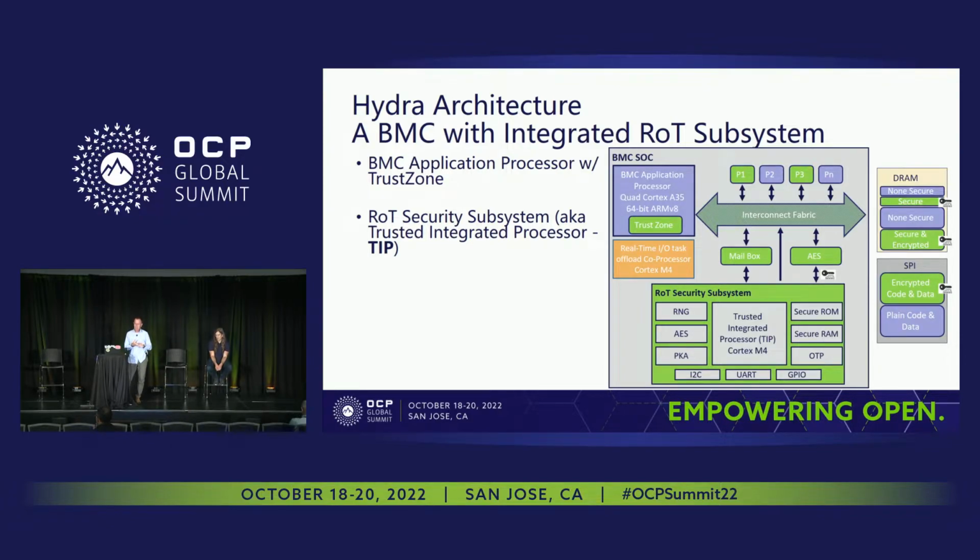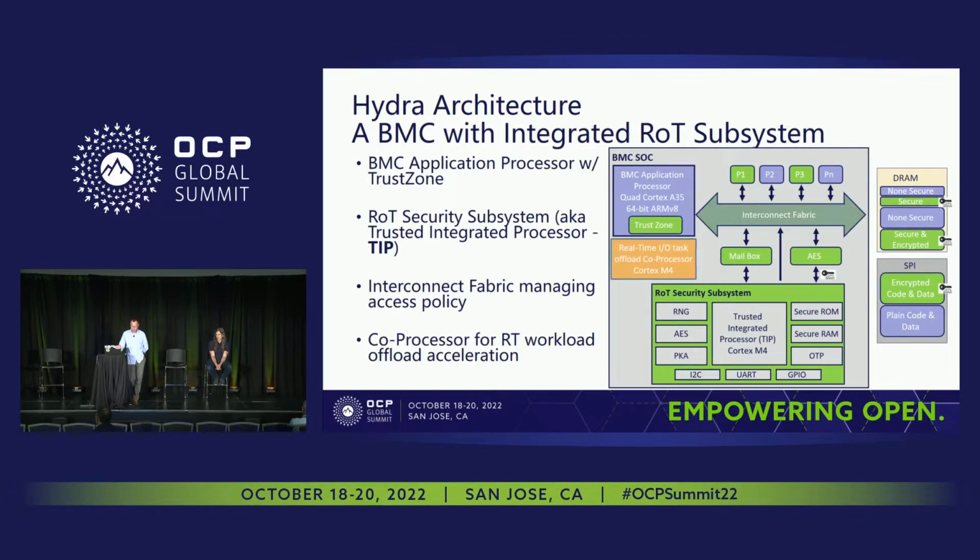It would have its own required or mandatory peripherals, such as I2C, UART, GPIO, SPI, and so on, to interface with the required peripherals of the system or the device. It would have its own processor, of course, ROM memory, internal memory, and so on, and its own internal fuse box on the OTP.